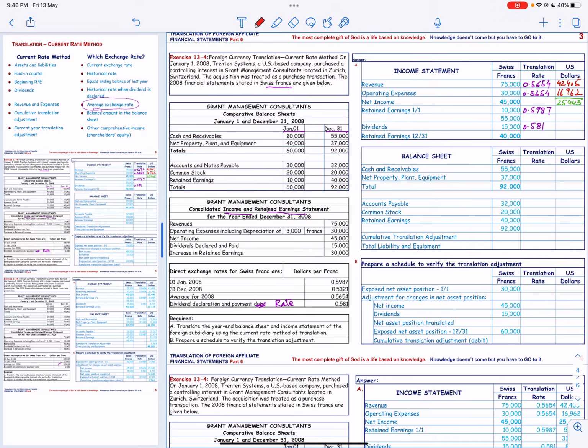Then the retained earnings after translation will be equal to 5987. Dividends will be equal to 8,715, and the retained earning will be 22,715.